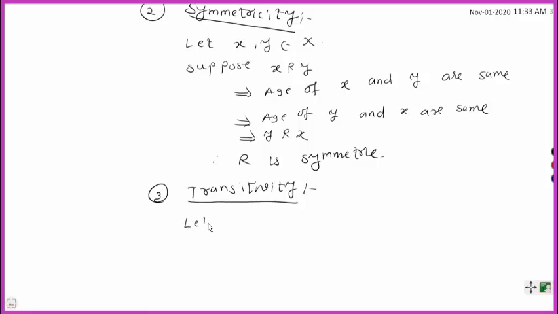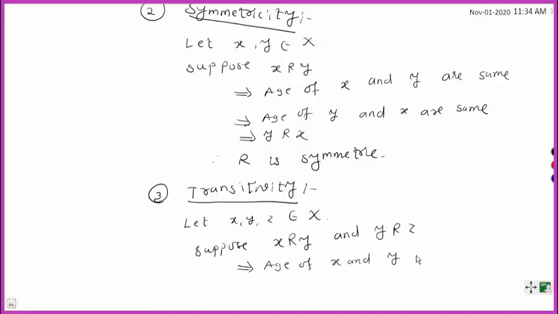For that, let x, y, z belongs to X. Suppose x is R related to y and y is R related to z. x is R related to y means age of x and y is same, and y is R related to z means age of y and z is same.